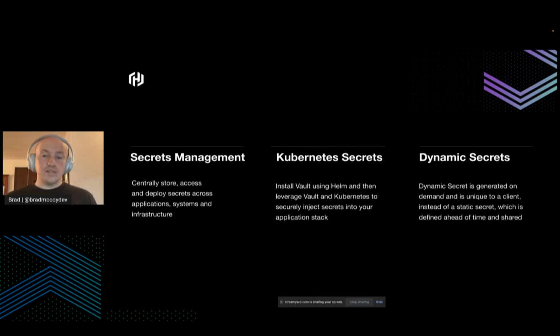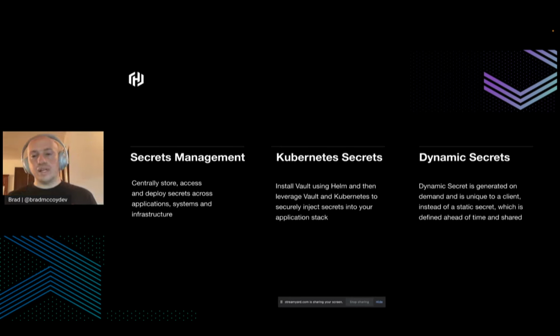There's Kubernetes secrets as well, which I'm spending a lot of time with at the moment, playing around with. You can install Vault using Helm, or customize, or whatever other way you want to do it with manifest files. And then you can leverage Vault and Kubernetes to securely inject secrets into your application stack. If we have time at the end, I'll show you how I deploy Vault with Argo CD into Kubernetes as well. That's probably going to be another talk though.